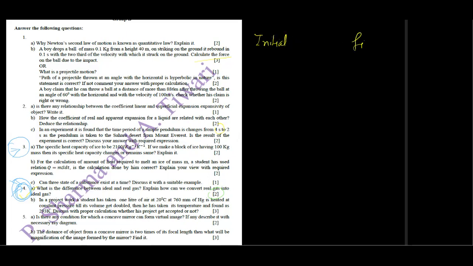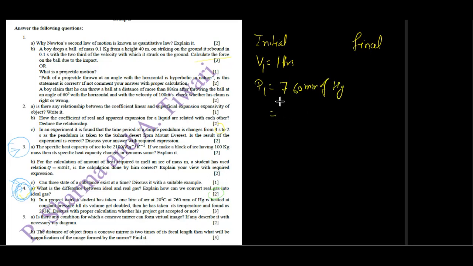It is given the initial and final conditions. Let us write this. In the initial condition, volume is 1 liter, and pressure is given as 760 mm of Hg.